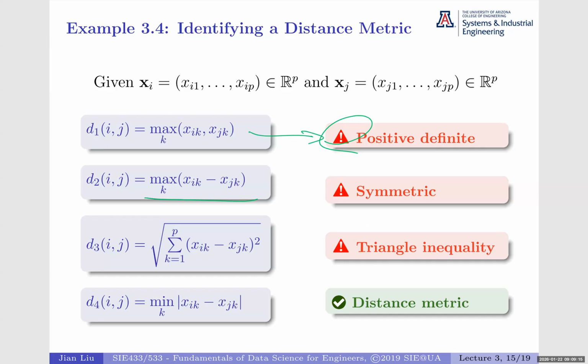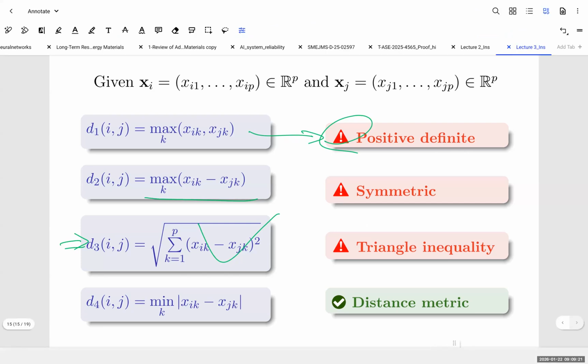So the third one is the Euclidean distance. This is good. This is bad. And also for the first one, the maximum of xik and xjk, inversely, it could be different.